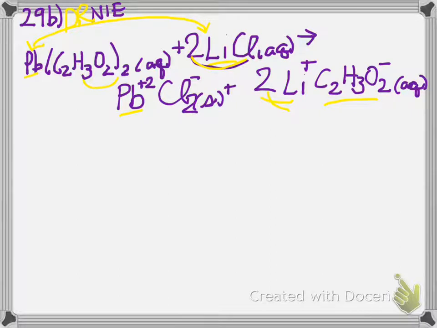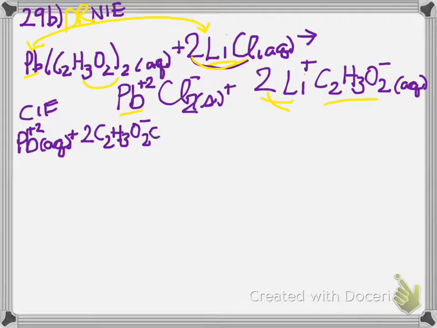All right, so it's balanced. All right, complete ionic equation, breaking everything apart. So I have Pb plus 2 aqueous plus 2 C2H3O2 acetates plus 2 lithium ions plus 2 chloride ions.